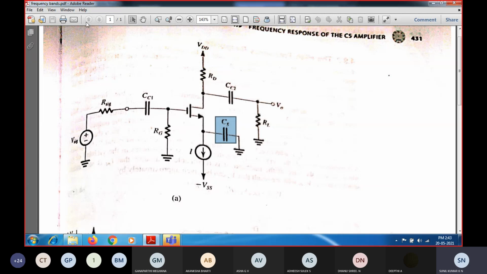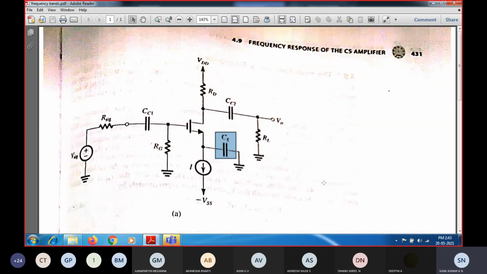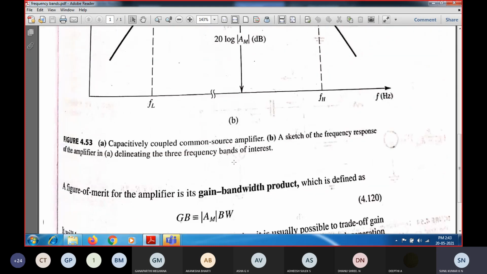That you should remember. So during the high frequency response, the external coupling capacitors will be considered as a short circuit, and will not be taken into consideration when dealing with the high frequency response.